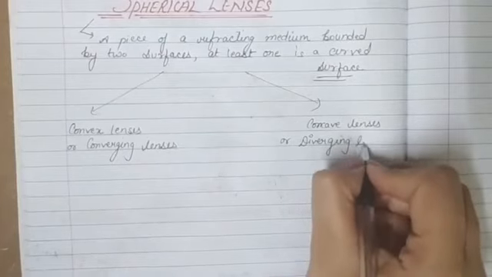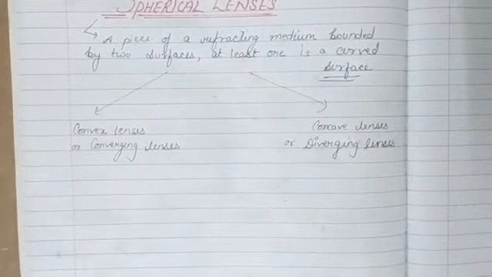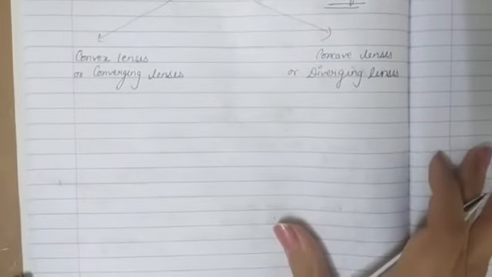These are the two major categories in which all the spherical lenses are divided, and further in these categories there are three subcategories or subtypes of these spherical lenses. Let's see what they are.